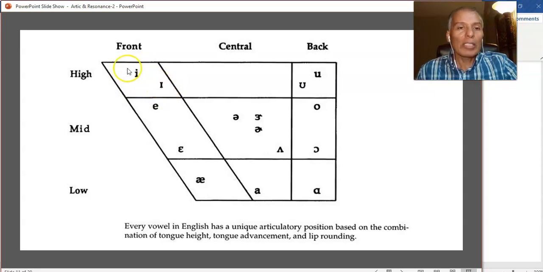The only difference is that one is tense, one is lax. So E is high front, actually the farthest to the front and one of the two highest. High front, tense, unrounded. So heat, hit, feet, fit, seat, sit. So the other is high front, lax, unrounded.